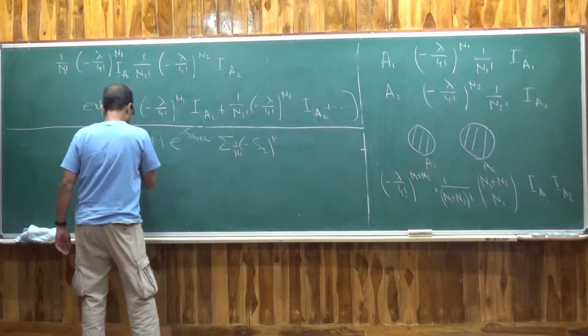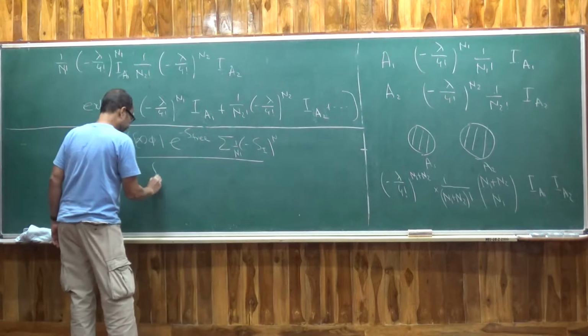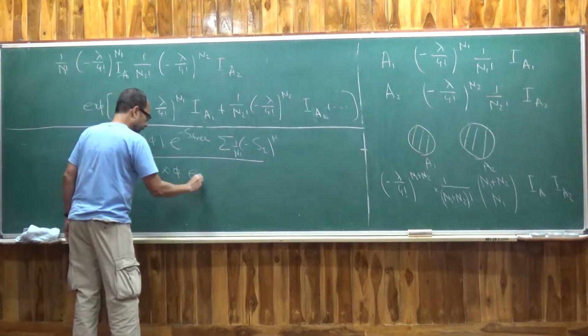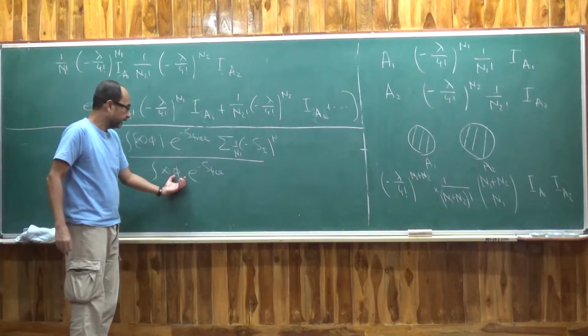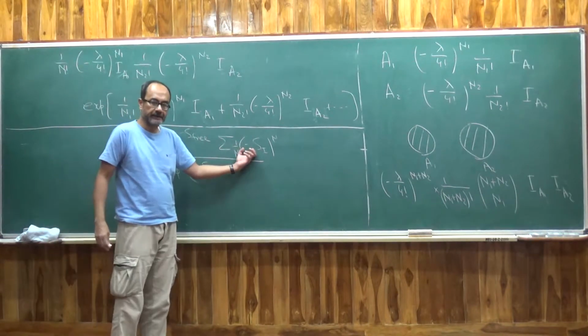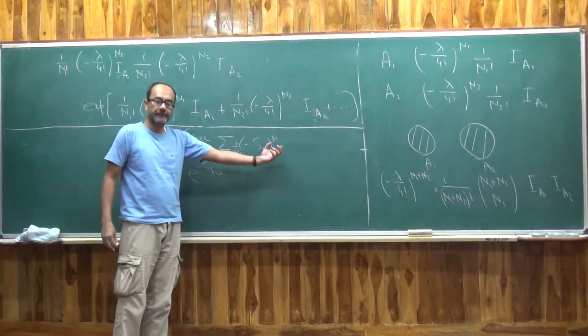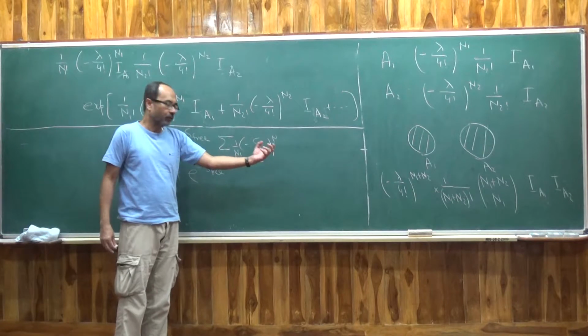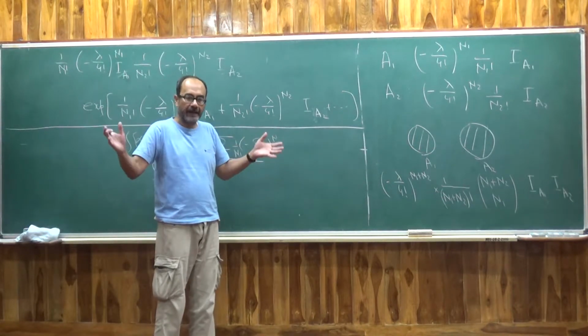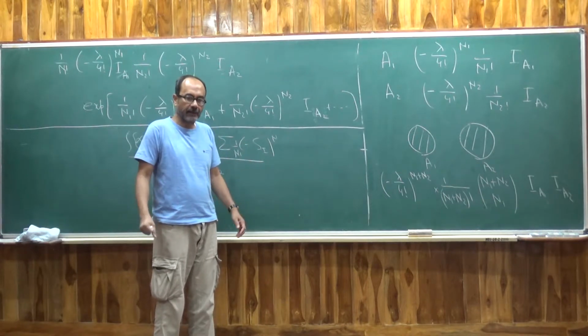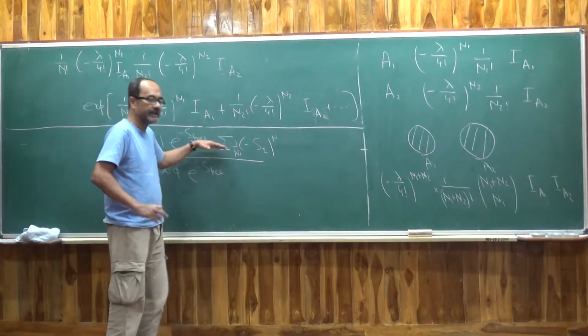And then you are dividing by the integral d phi e to the minus S. Because of this division, this becomes a sum of correlation functions in the field theory. Because it's S_I, you just expand it out. We don't think of this as an interaction term, just a bunch of phi's whose correlation function you have to calculate, and it's a correlation function because of this division.